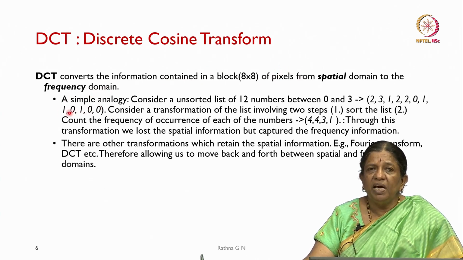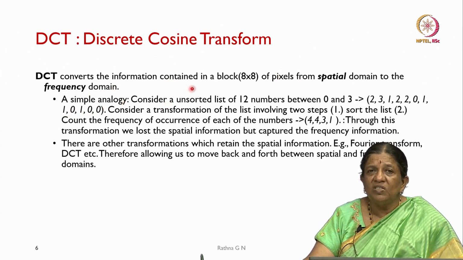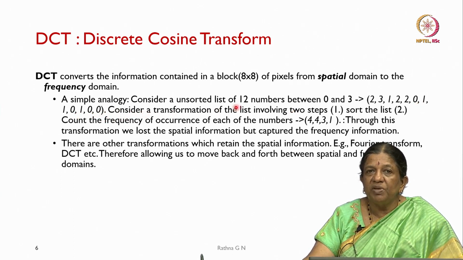A simple analogy it uses is an unsorted list of 12 numbers with values only between 0 and 3. So, this is what you have: 2 3 1 2 2 0 1 1 0 1 0 and 0. How are we going to do the transformation of this list?